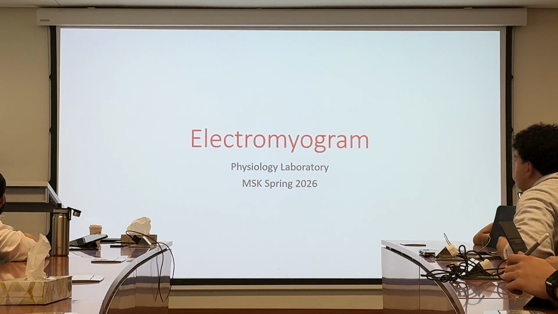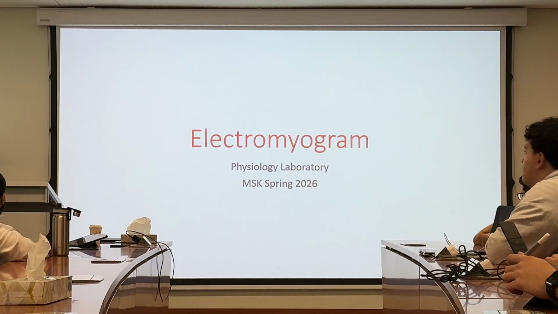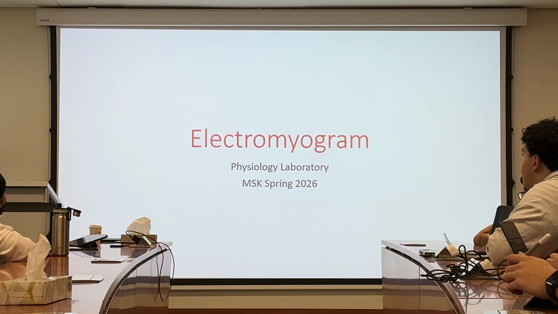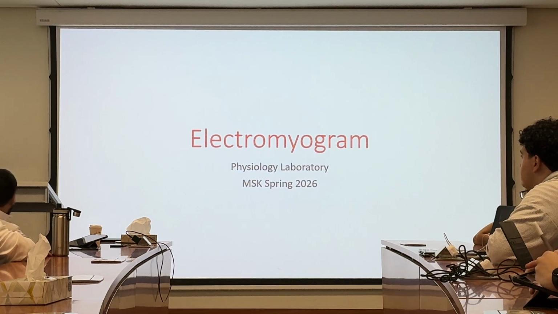Please read it. You are going to do this thing called electromyogram, which comes from electricity or excitation. In other words, you are going to measure the excitation of your friend's muscle. It's called electromyogram.